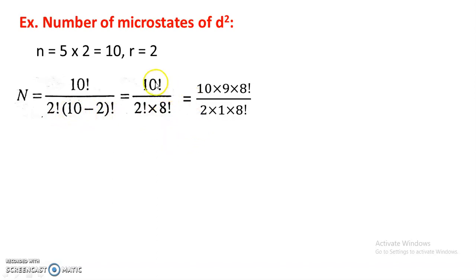When we simplify this, 10 factorial we can write as 10 into 9 into 8 factorial, upon 2 factorial, which we can write as 2 into 1, and this 8 factorial we carry forward as it is. So the 8 factorial cancels. So 10 nines are 90 by 2, that is equal to 45 microstates.